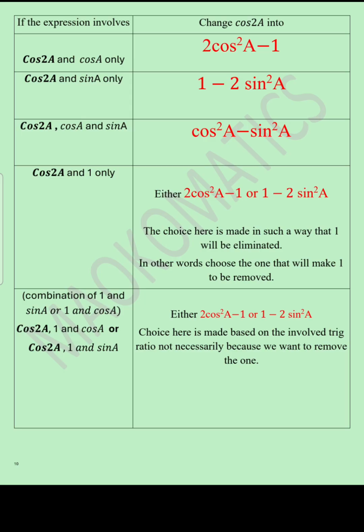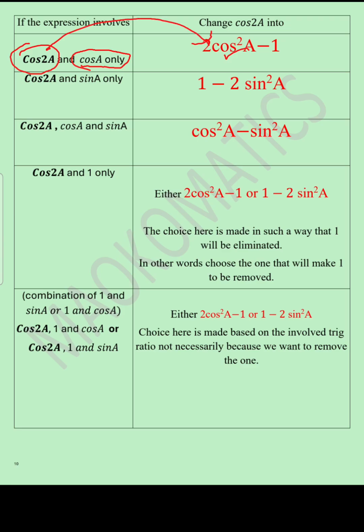When the double angle identity of cos is close to, when it involves cos A only, you choose the one that has got cos only. So meaning now this will change to that.